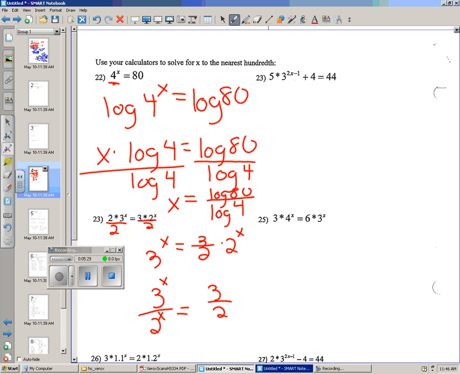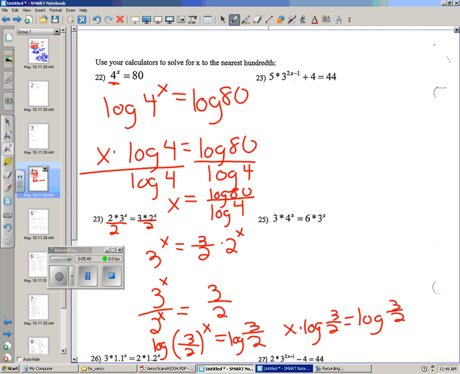So this is really just 3 halves to the x equals 3 halves. So now we could take the log of both sides and put the x in front. So we have x times log of 3 halves equals log of 3 halves. You can see now that x will just equal 1. And if you look back to the equation, it makes sense that x would be 1.